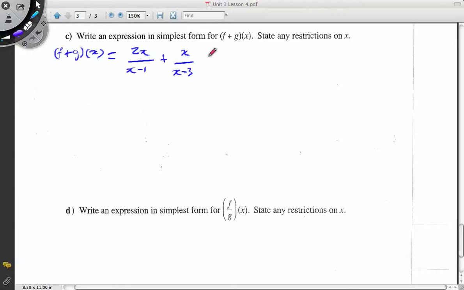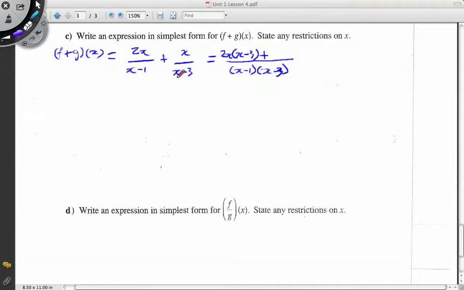Simplifying that, we have to have a common denominator, so simply multiply the denominators together. Since we're multiplying this bottom by x minus 3 to get that, the top has to get multiplied also by x minus 3. It's a plus sign, so put a plus here.